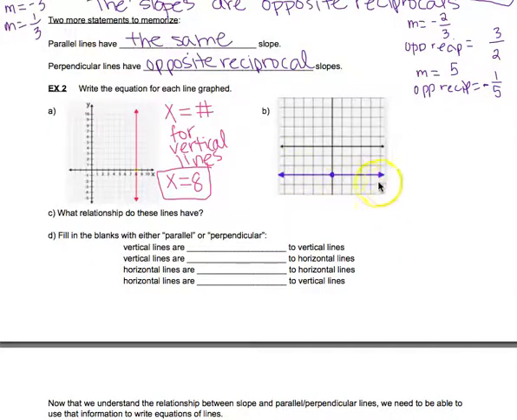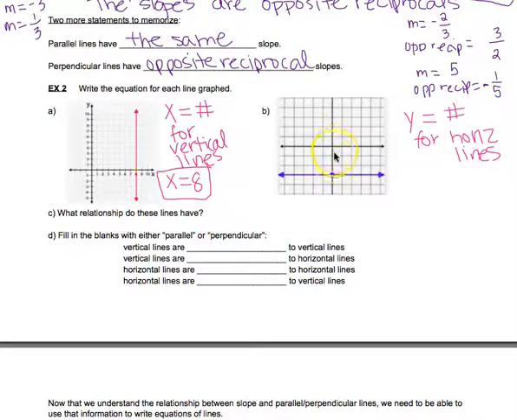The slope is 0, and we do have a y-intercept, so this one is easier than the vertical line if you forget the rule. The rule for horizontal lines is that they're always just y equals a number, so there's no x in the equation of a horizontal line, just like there's no y in the equation of a vertical line. So this is for horizontal lines.